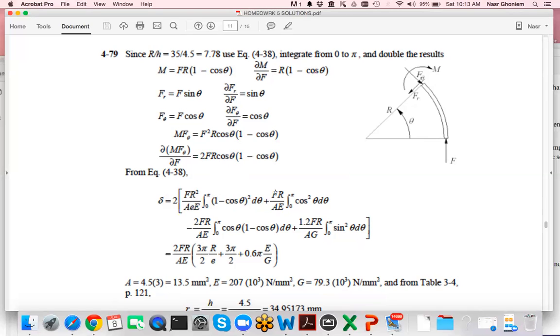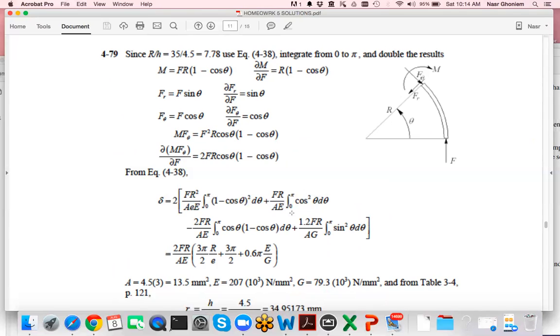Then we have a contribution due to the hoop force. The hoop force is axial, so it's 1 over AE. And then this last contribution is due to the shear force. The shear force is the radial component, so it has a shear factor of 1.2. And then this is the mixed moment and hoop force component.